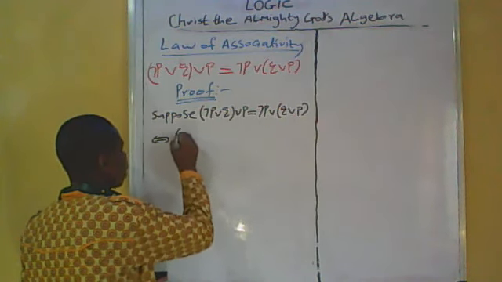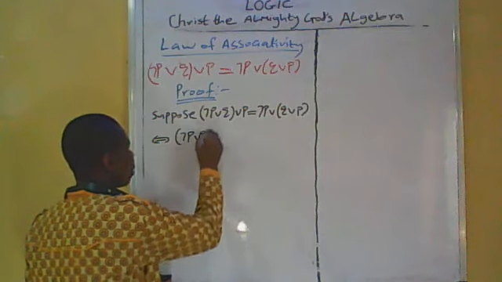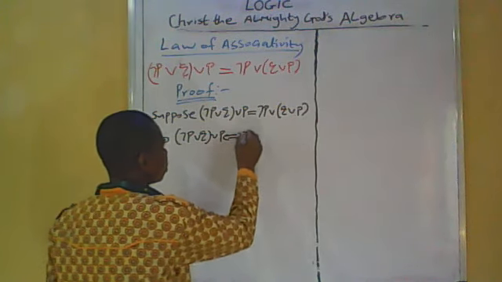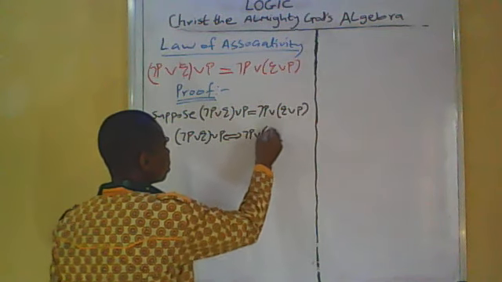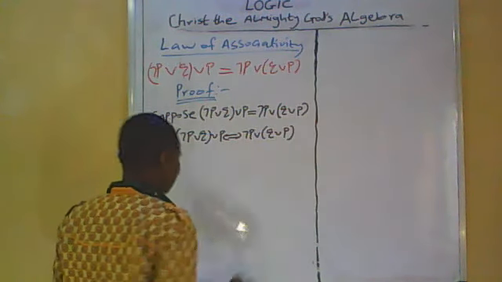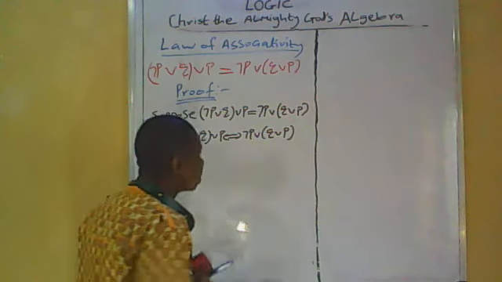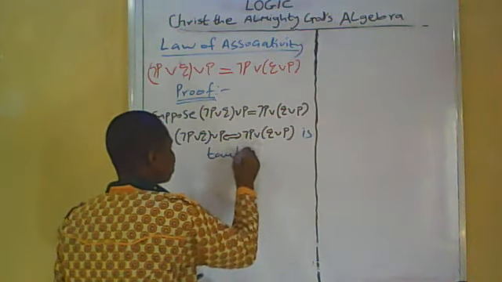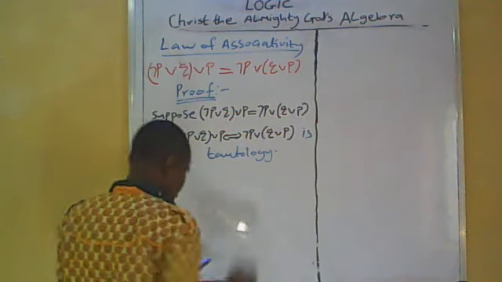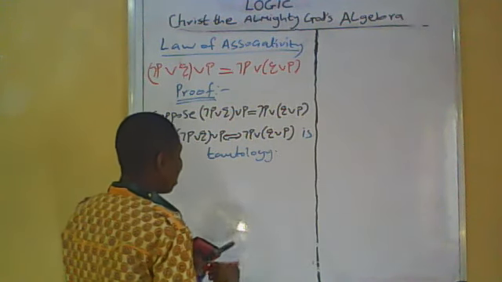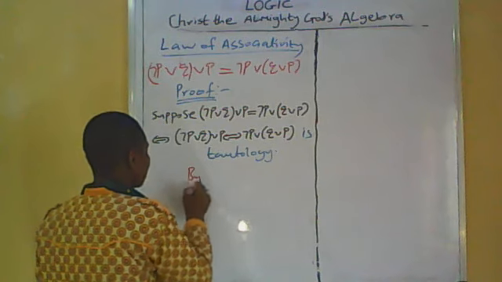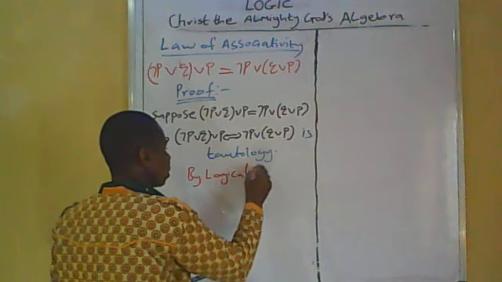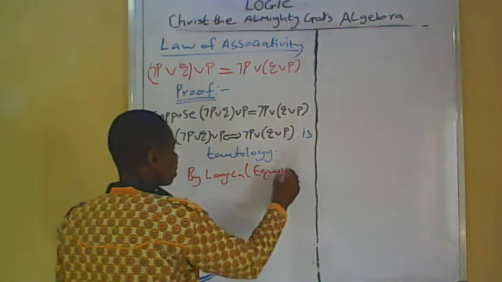if bracket not P or Q or P, if and only if not P or bracket Q or P, is tautology, being justified by logical equivalence.